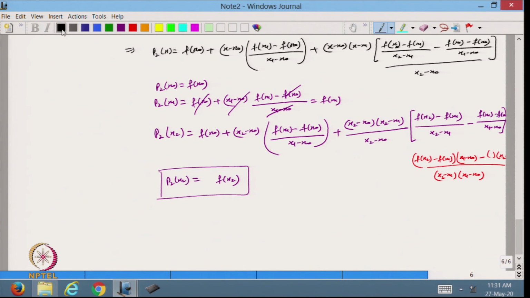So, based on this one, now I want to do the generalization. Suppose we have n plus 1 points, that is x0, x1, x2 up to xn. So, now from here I can write directly my nth degree Newton interpolating polynomial.